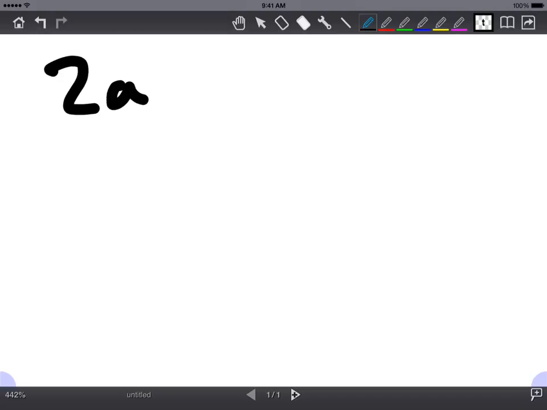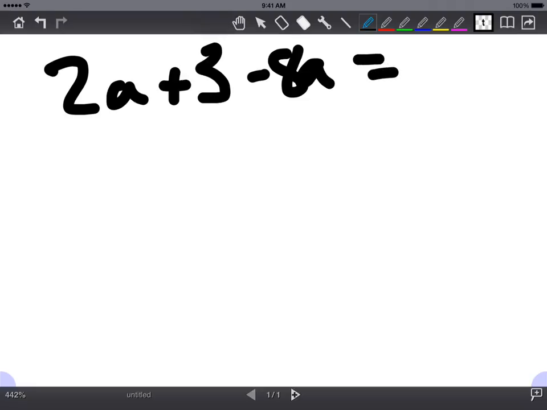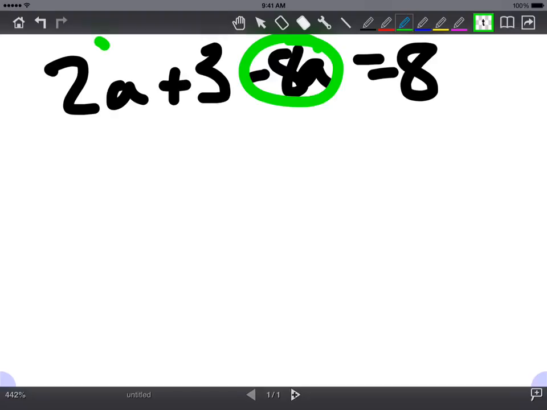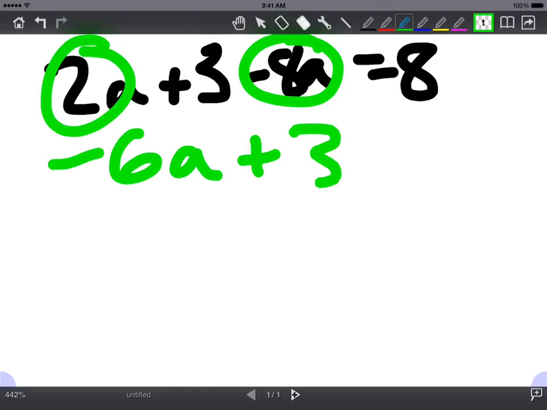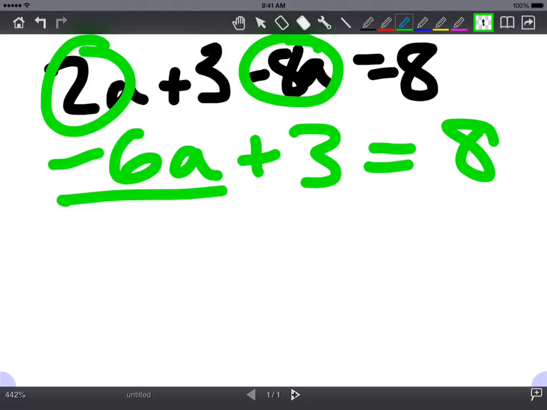2a plus 3 minus 8a equals 8. So now again, we need to subtract the like terms. So we get negative 6a plus 3 equals 8. And then we need to isolate the a term. So we'll subtract the 3 because it's the opposite of adding.